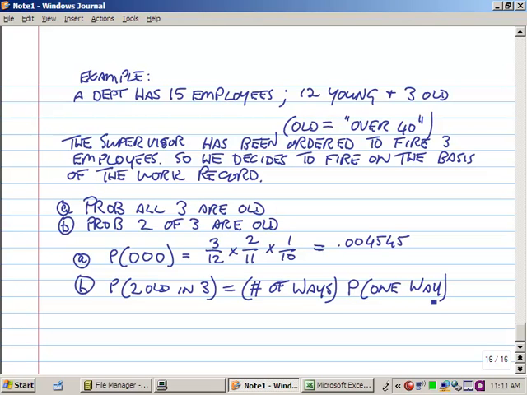How many ways are there of getting 2 old in 3? Well, it's the same as 1 young in 3, and how many ways of getting 1 young? You get young on the first, young on the second, young on the third, and so there are 3 ways of doing that times the probability of one way. Let's say just young, old, old.